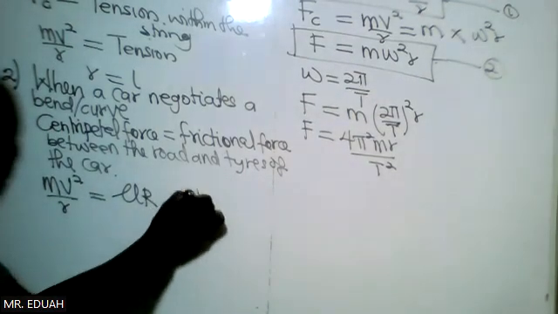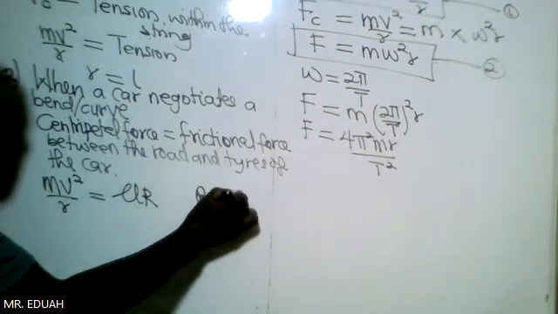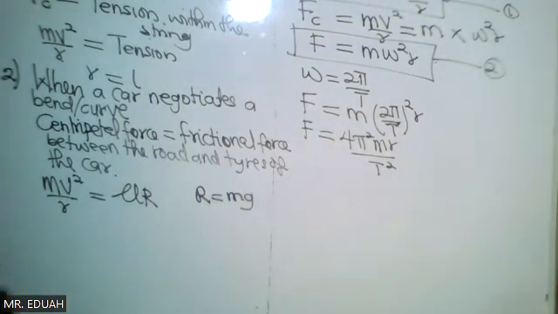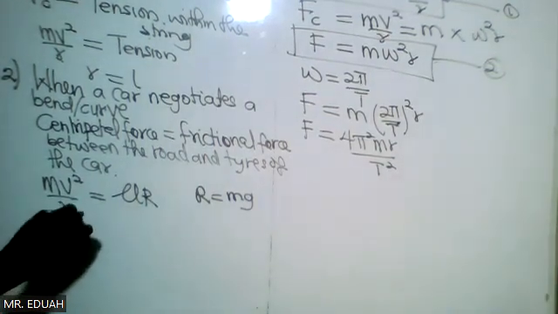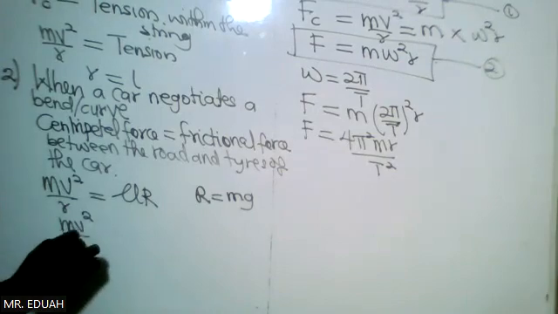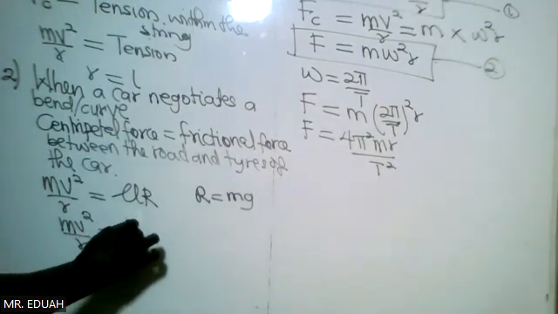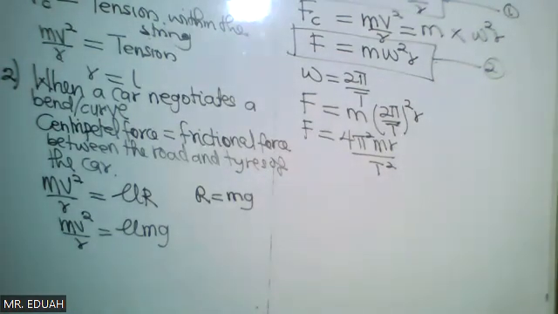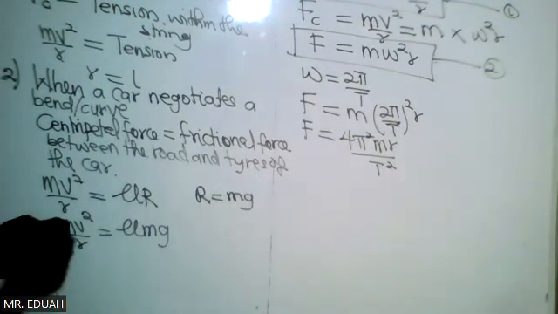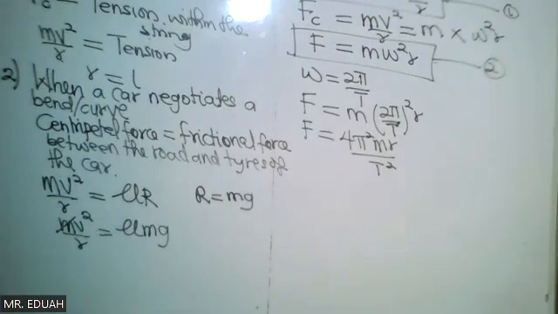Now, because R is given by mass and gravity, we can also equate this to mu mg, where m is the mass of the body.